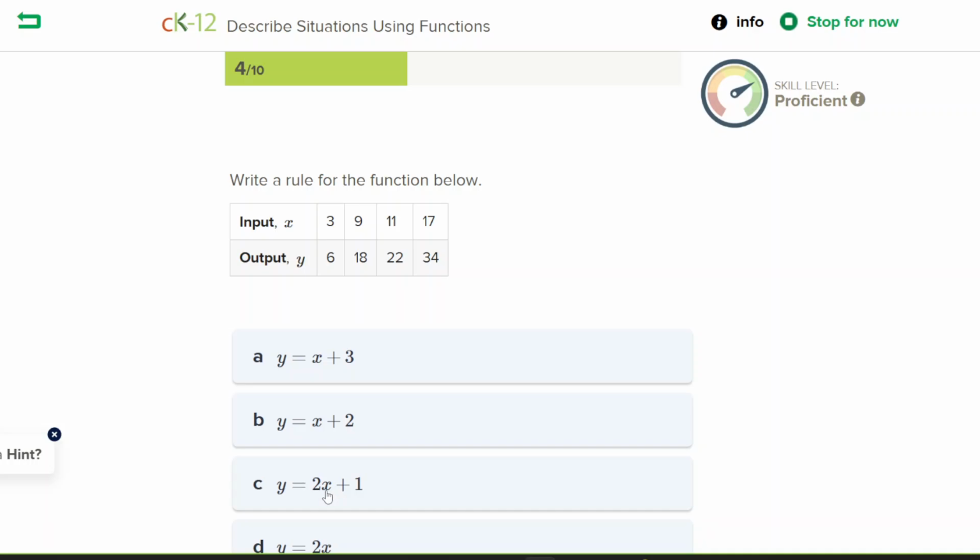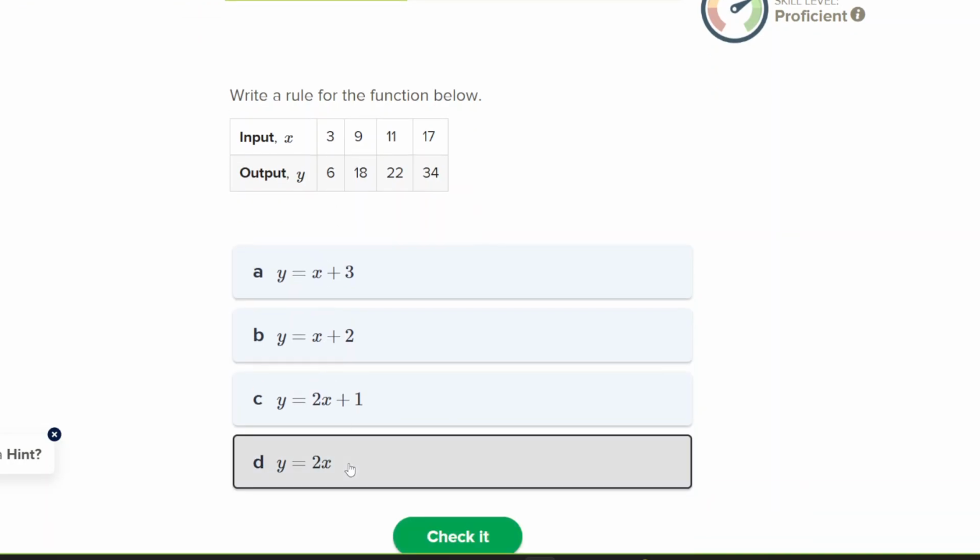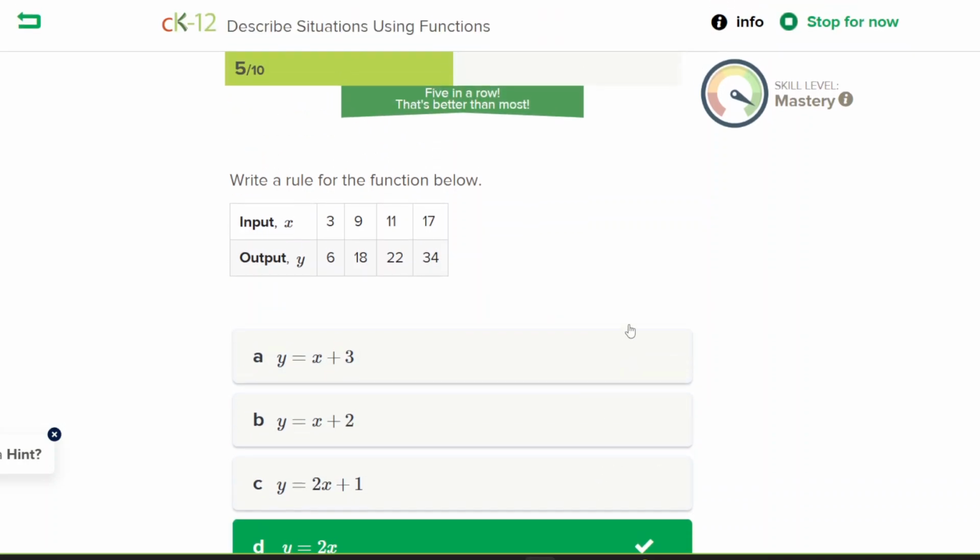Is it 2 times the x coordinate plus 1? No, 2 times 3 is 6, plus 1 would be 7, not 6. So it's got to be this last option. Yet again, the y coordinate here is 2 times the x coordinate. 2 times 3 is 6, 2 times 9 is 18, 2 times 11 is 22, 2 times 17 is 34. And that works out. Wonderful.